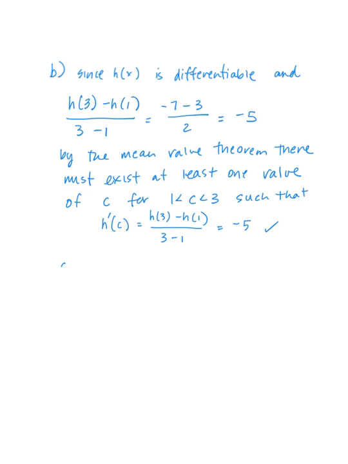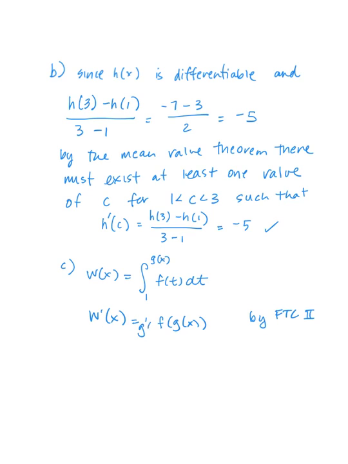Okay, that's part B. Part C, we're given w is the integration from 1 to g of x of f of t dt. And we're looking for that value of w prime of 3. So let's find w prime. By FTC number 2, remember the derivative of an integral is just the function itself with that value plugged in.